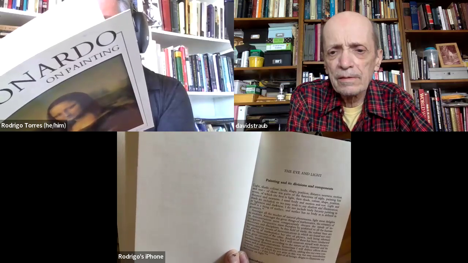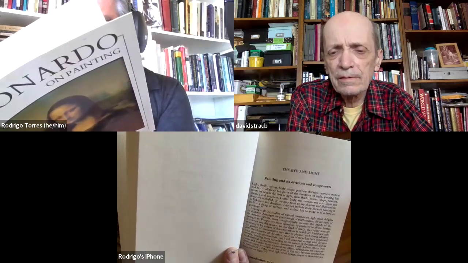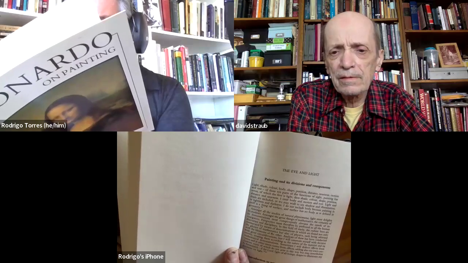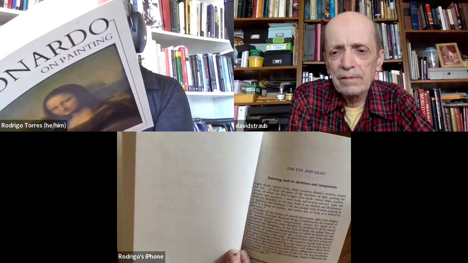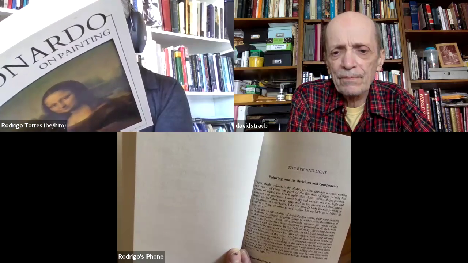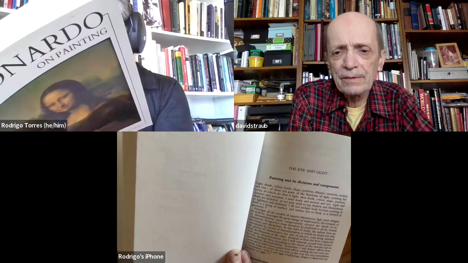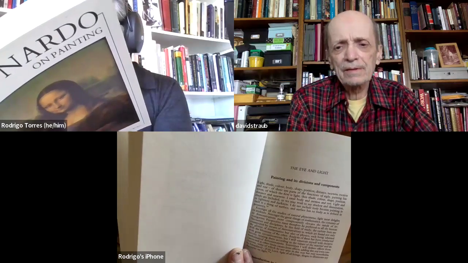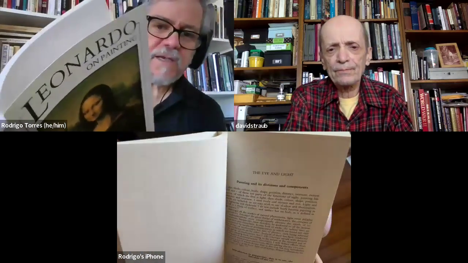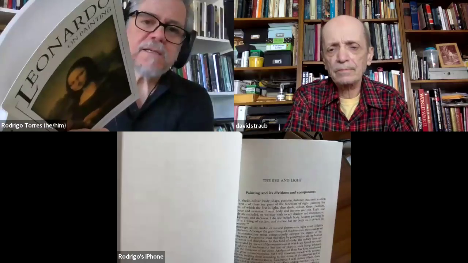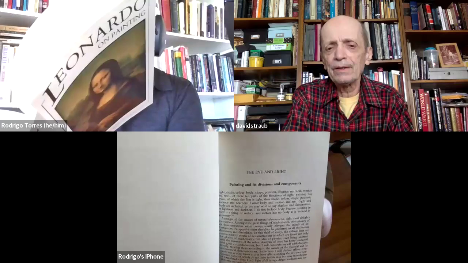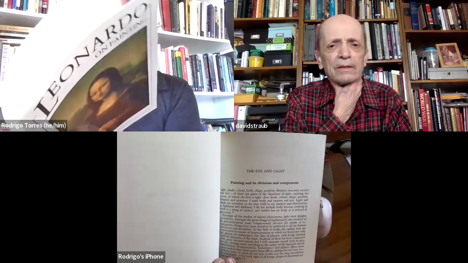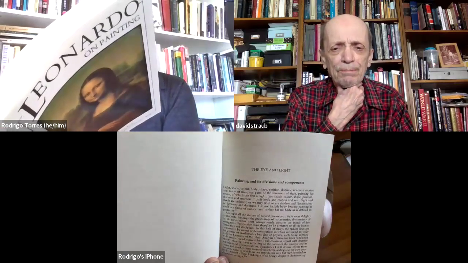Of these 10 parts of the functions of sight, painting has 7, of which the first is light, then shade, color, shape, position, distance, and nearness. So this is awesome because he bases these elements not on abstractions, but on what the eye can actually see. So I love that.